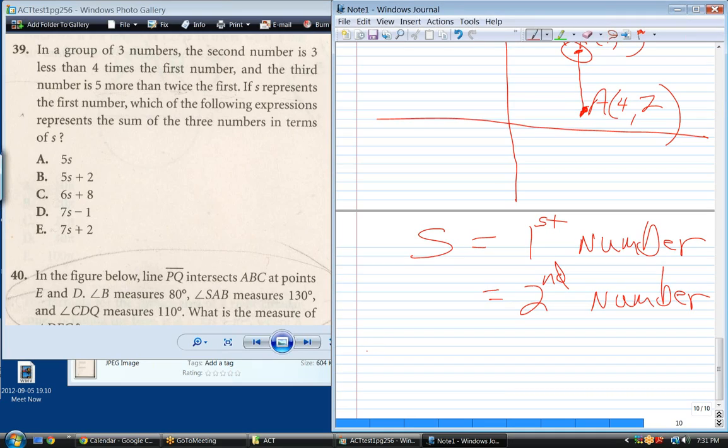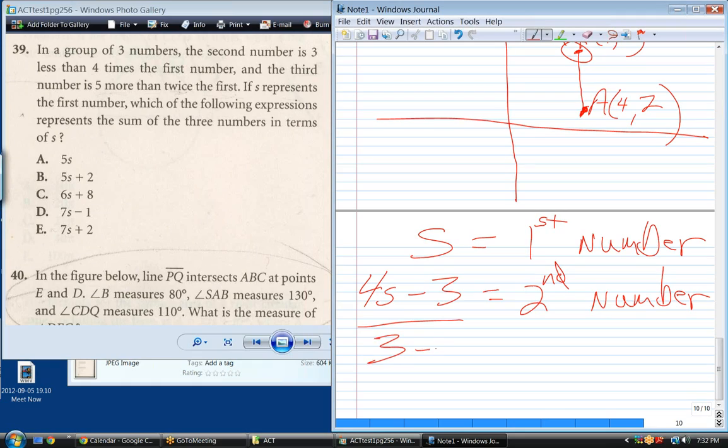What is 3 less than 4 times the first number? No, you had it right the first time. 4s minus 3. Notice that that fits the description exactly. That is 3 less than 4 times the first number, right?